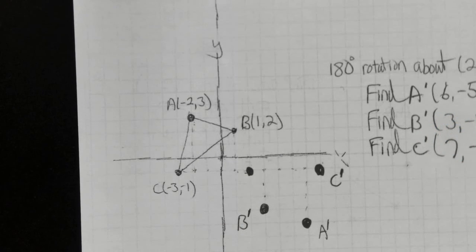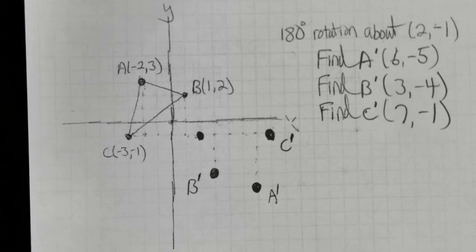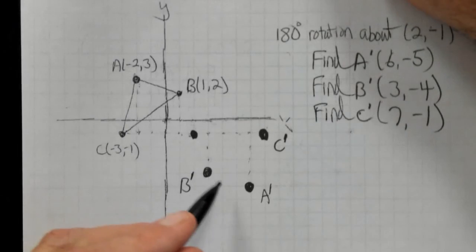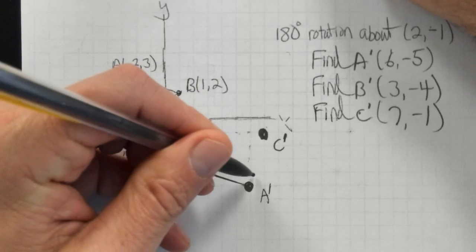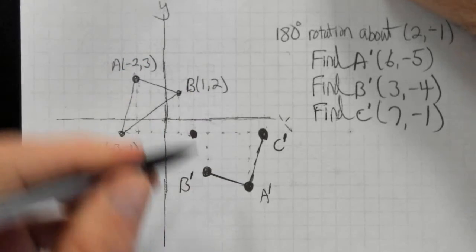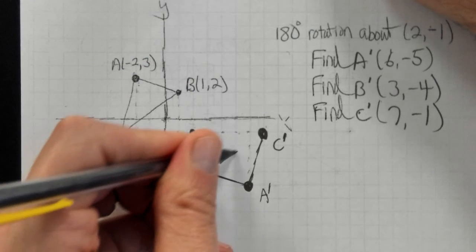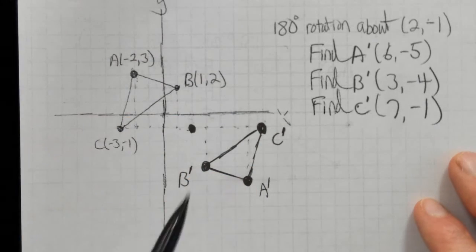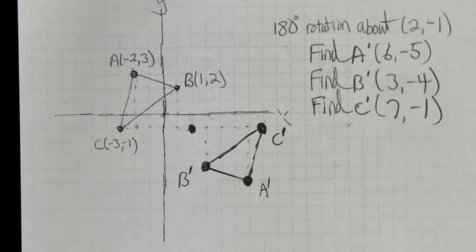And so, like I say, it's not really efficient for us to go through and write out the rule for this type of thing. All right, we can, however, complete the prime triangle, and notice how it rotated 180 degrees around this point. Okay? And so there you go. That concludes this lesson.